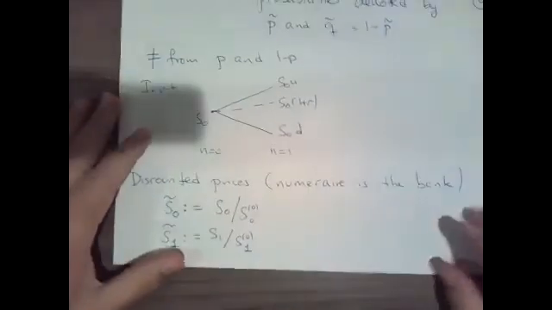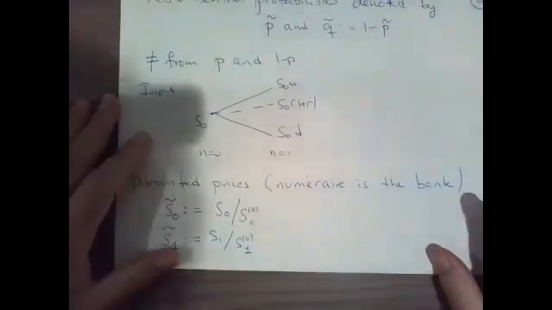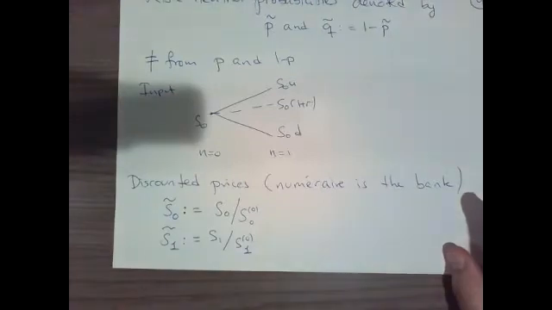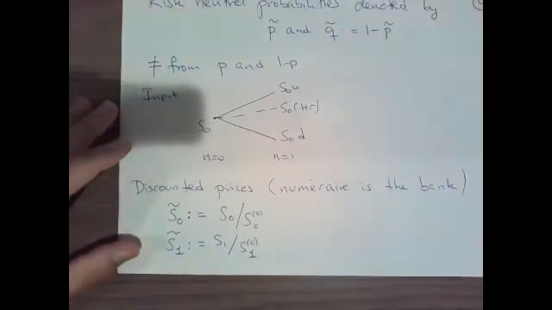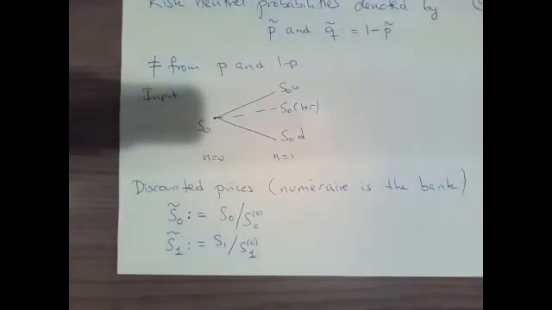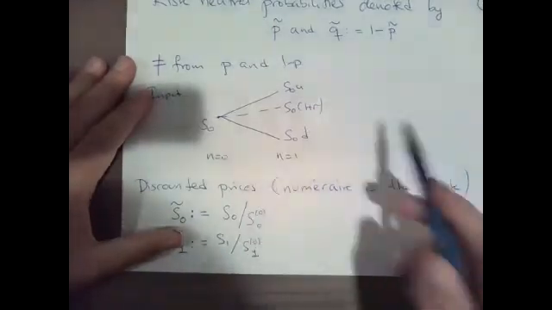So this here is my new set of prices. So what does that look like? Maybe I'll keep it a little bit simpler just to look at the formulas.